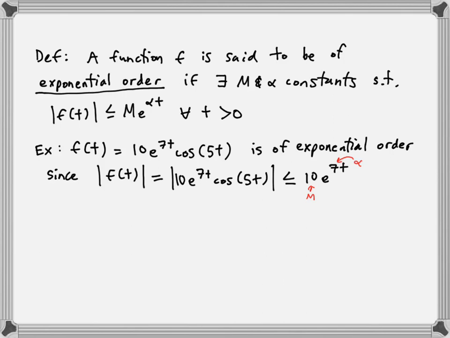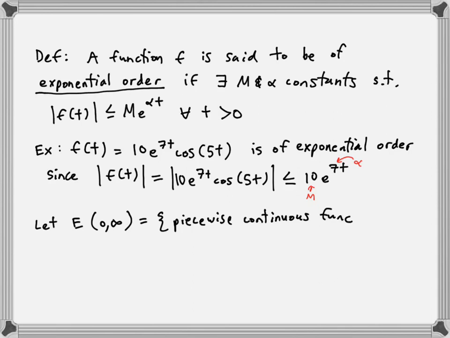Okay. So what's our notation? Let's let E of 0 to infinity, the way that we write this, be a set, and this is the set of all piecewise continuous functions of exponential order.